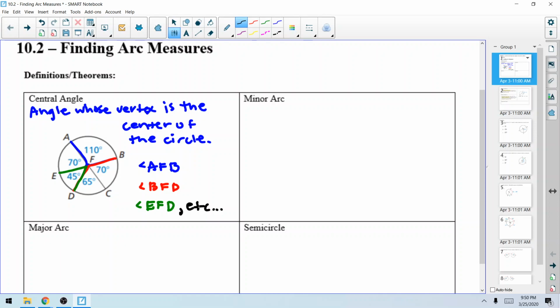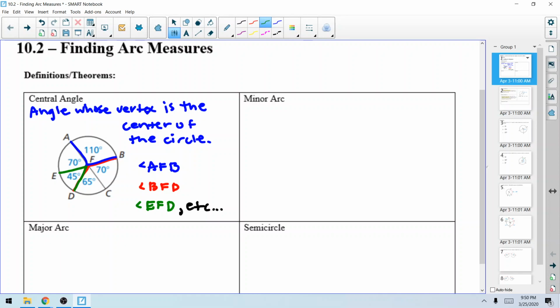Okay, if you look at your circle and we go back to AFB, the one I outlined in blue, the measure of that angle is 110 degrees. If we look at the one that I did in red, BFD, the measure of that angle, well, you would have 70 plus 65, and then EFD, you would have 45 degrees.